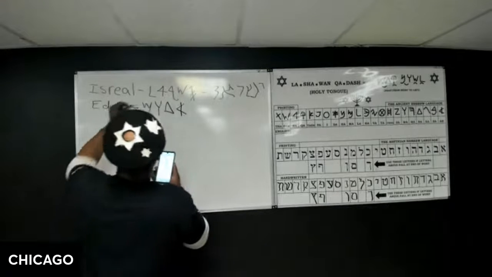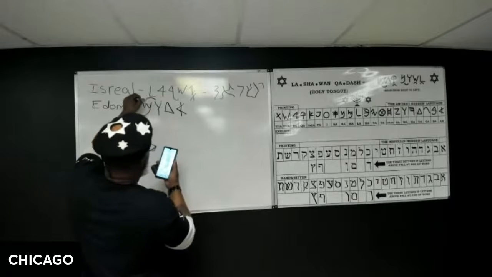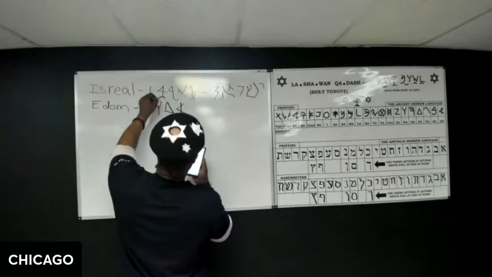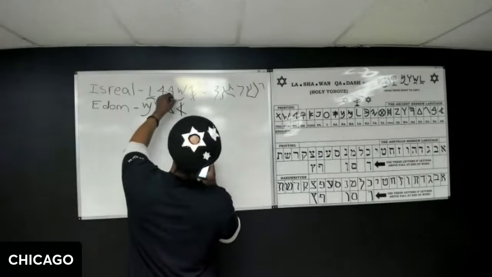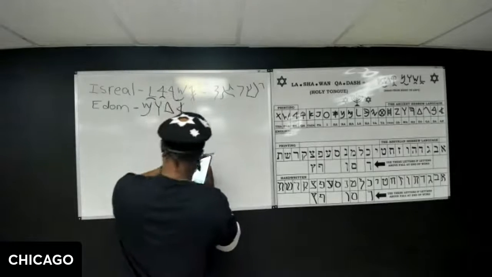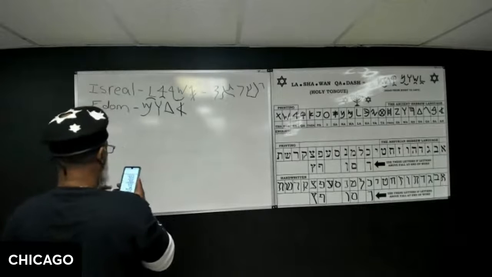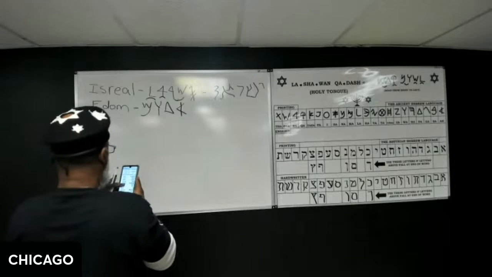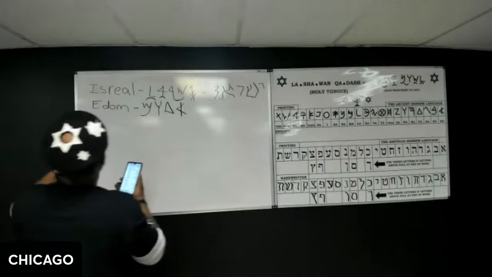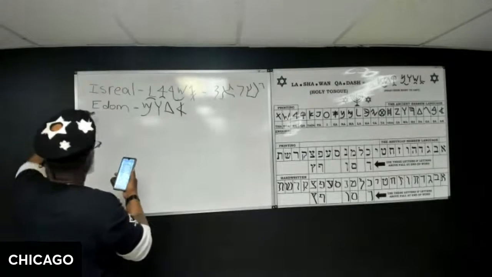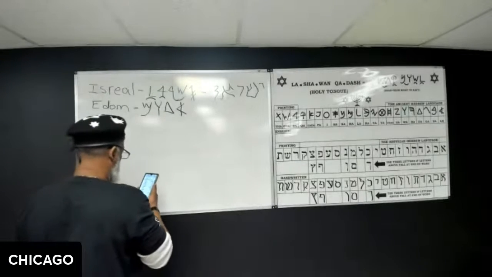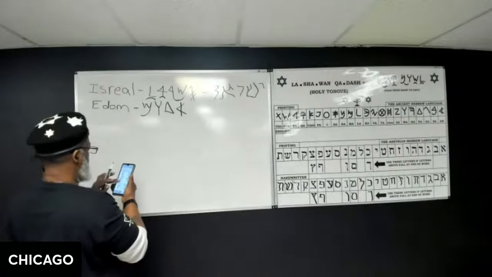Then we have the singular Israel. These two join. Okay, that's Israel, Edom. Israel is for the blacks. Edom, that's the so-called whites.